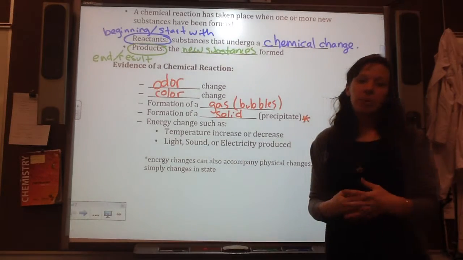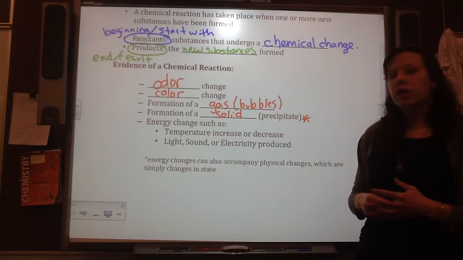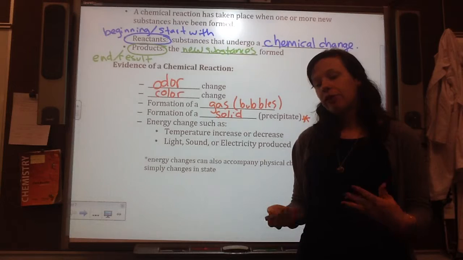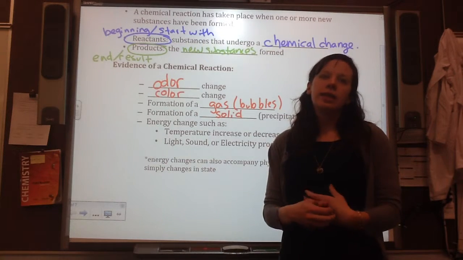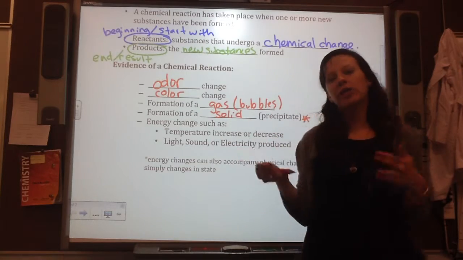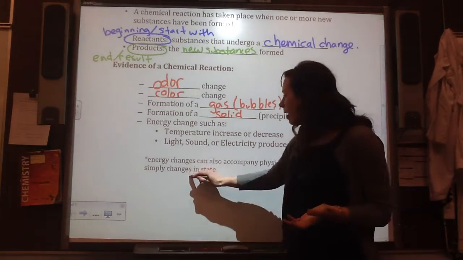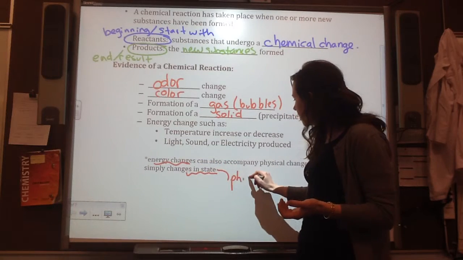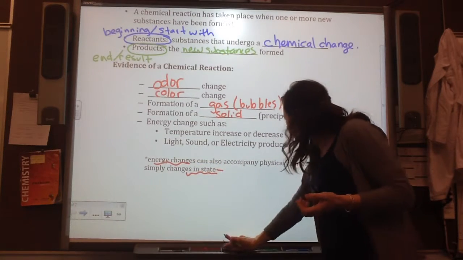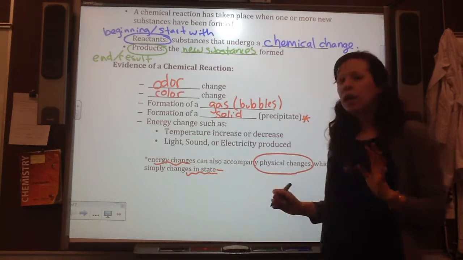Now also keep in mind that energy changes can just happen, say, if you're melting an ice cube. But melting an ice cube isn't a chemical change, it's just a change in state. So we can have energy changes with changes in state, but we would call this a physical change.